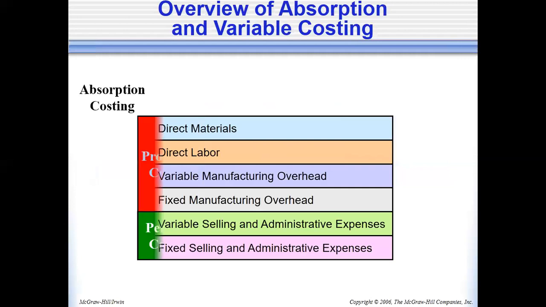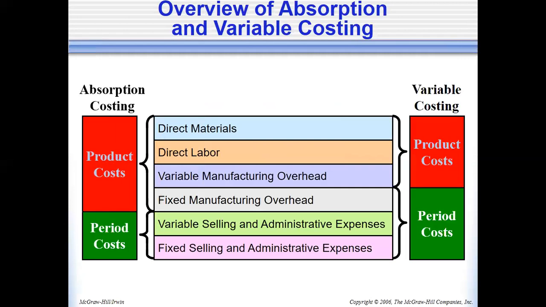Okay, so we have to take note that as an overview, we have two types of costing, whether that's absorption or variable. We call these two as product and period. Before I go to variable, allow me to review absorption costing, which is actually tackled in a lot of cost accounting subjects that you've had already.